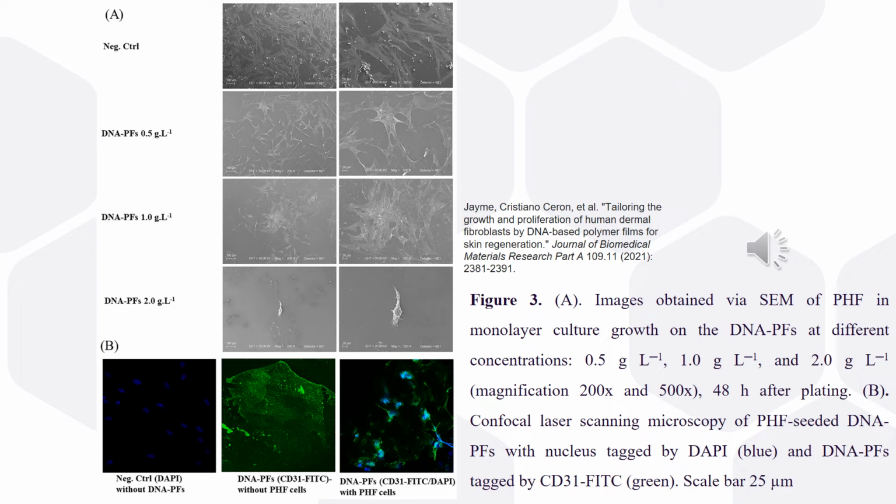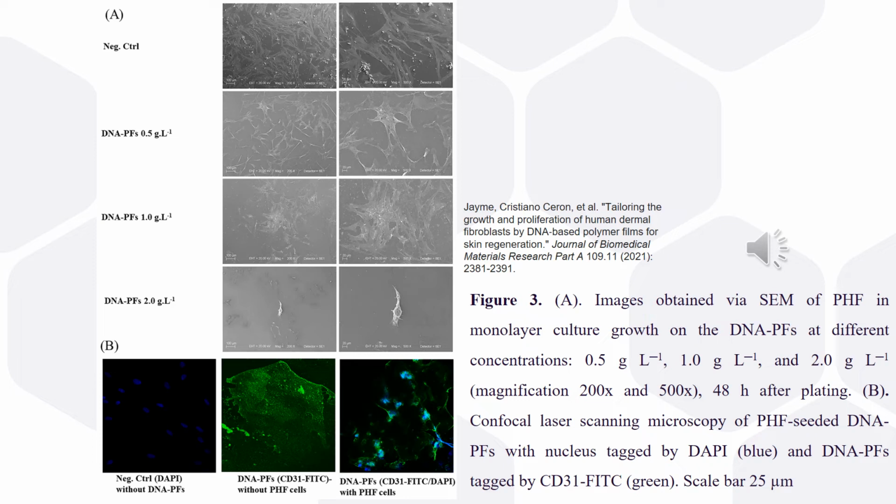Human fibroblast cells sitting on the surface of the neopolymer film were evaluated up to 72 hours of incubation, and it was observed that the cells were able to grow, forming colonies and showing expansion independent of the neopolymer film concentration. In our work, we varied the DNA concentration in the construction of the DNA-based polymer film.